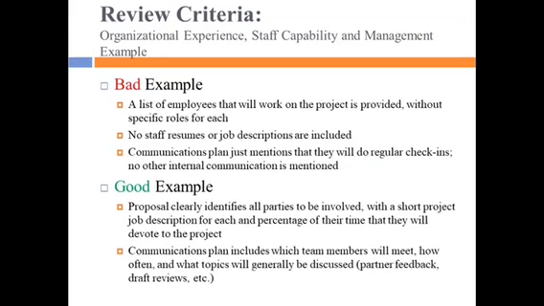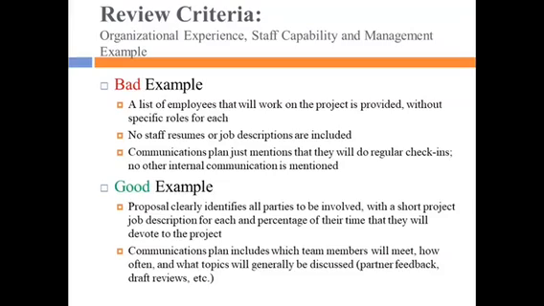Again, using our example, a proposal that wouldn't receive as many points would just list employees. You wouldn't be able to tell what their roles are, what they're going to be doing on the project. You wouldn't necessarily have job descriptions for them. So really low on information, and the communication plan doesn't have detailed regular check-ins or a plan for how internal communication would happen.